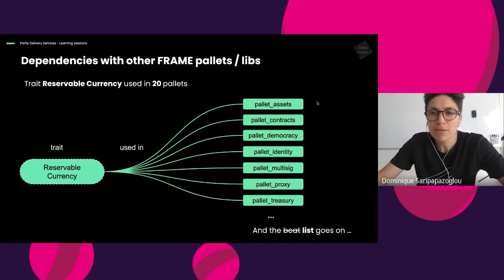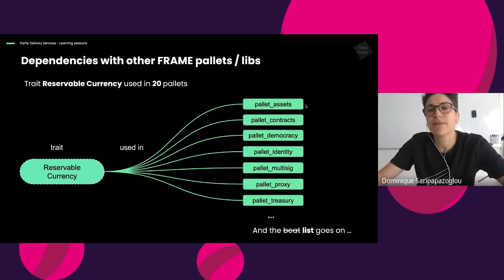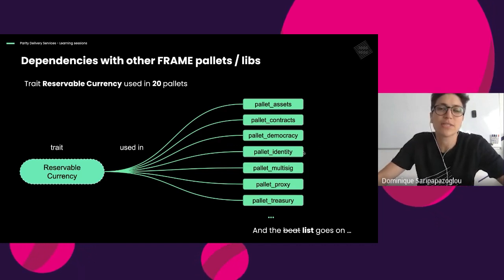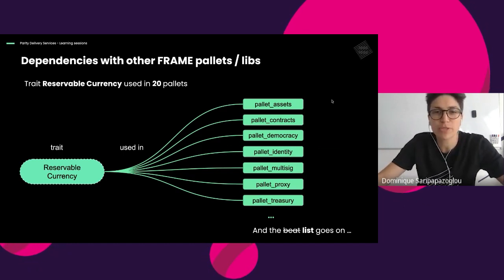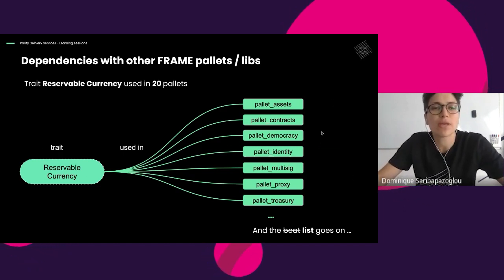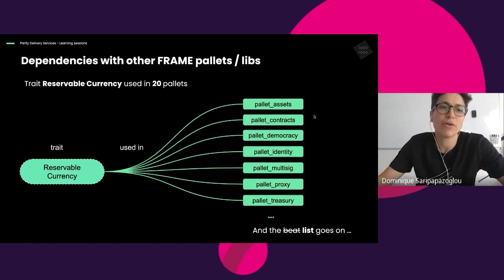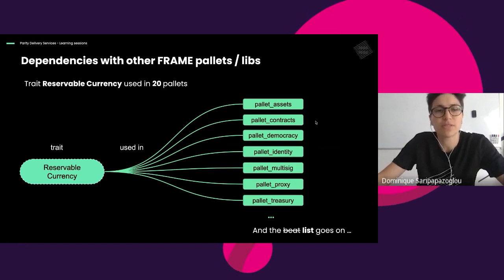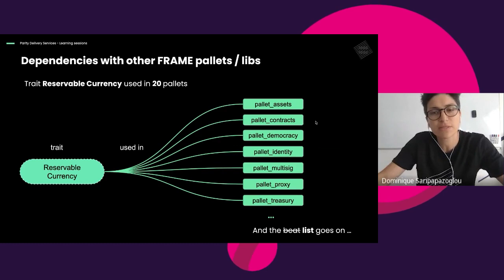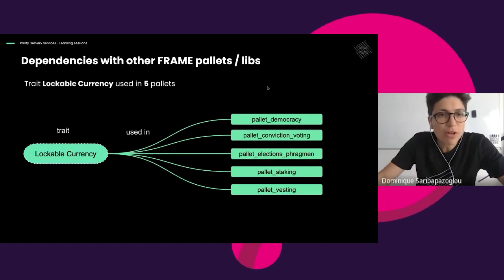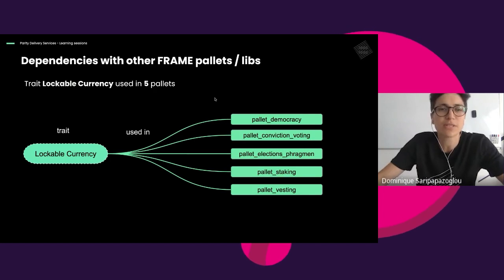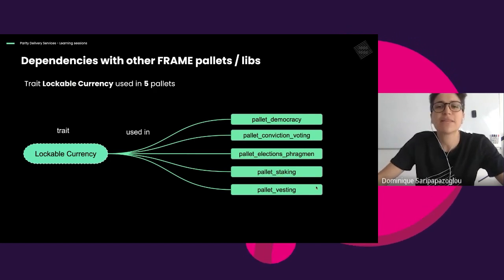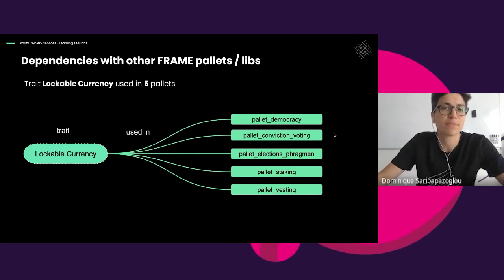Some examples are pallet assets, contracts, democracy, multi-sig, proxy, and there was no space to put them all. But just to show how many other pallets are using this trait and how important it is. Lockable currency also is used in democracy, conviction in 5 pallets, staking, vesting, and election.